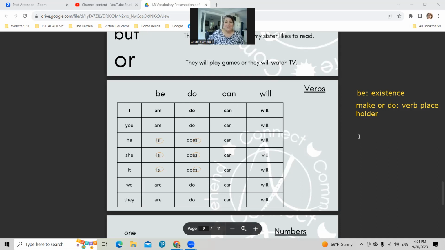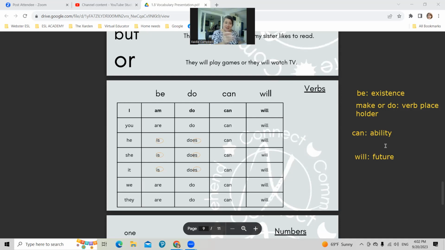Can is ability. And we use will to show the future. So I use can to mean something I am able to do. So with this red pen, I can write in red.